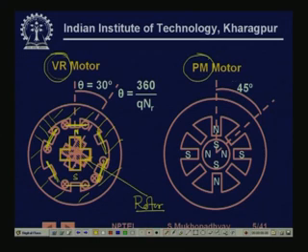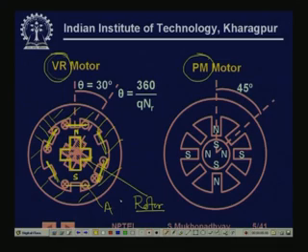Then these 2 magnets will attract the rotor, and suppose the rotor will be aligned here. So, this yellow position is for a particular case when phase A is excited, and so the rotor is now aligned with this.